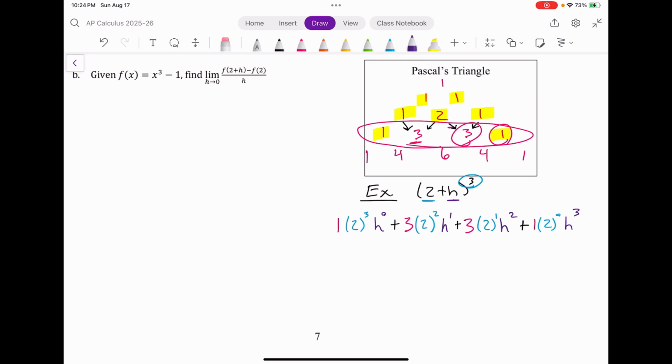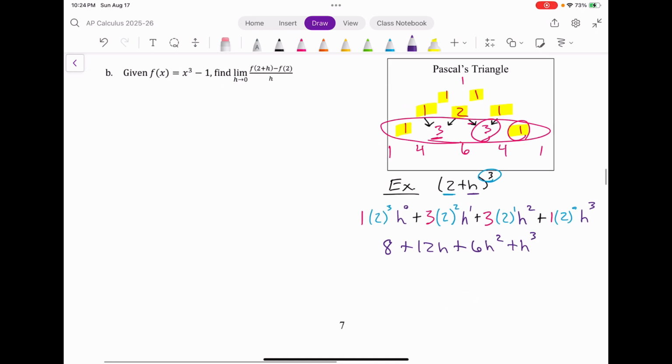All right, I'm going to clean it up. And so this would be 8 plus 12h plus 6h squared plus h cubed. All right. So let's look at this problem finally. That was just a review of Pascal's triangle to expand binomials.